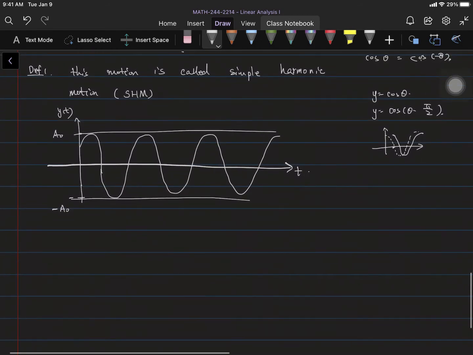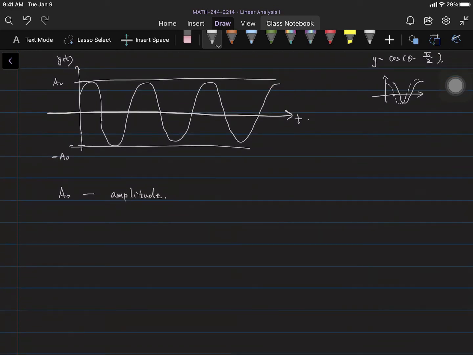And here I'm going to give you the names for them. A naught is called the amplitude, the largest position. Omega is called the circular frequency of the system.